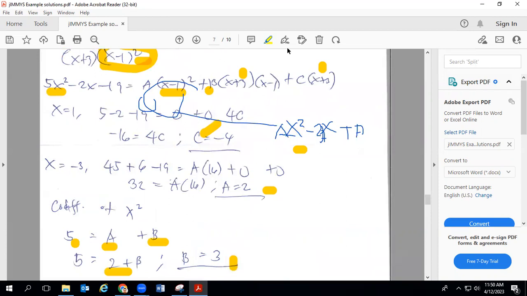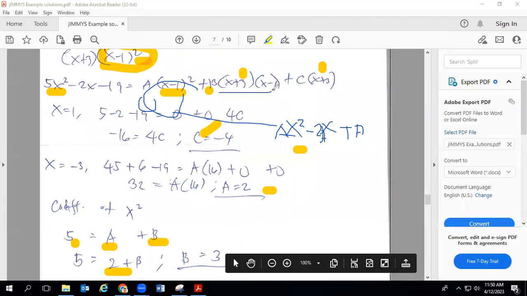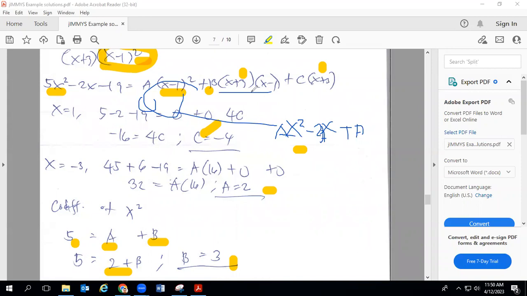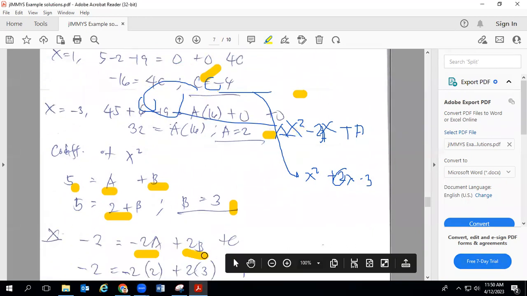3x, okay. Expand this one, this one will become x squared. 3x minus x is 2x, and then minus 3. So obviously the coefficient is 2 times B. That's why you have here 2B.